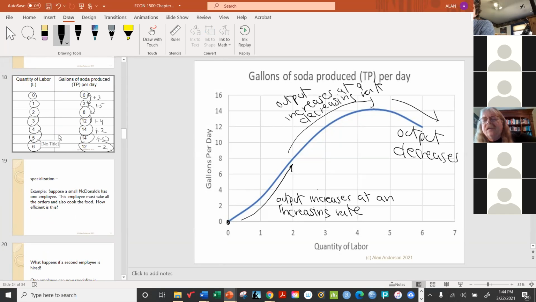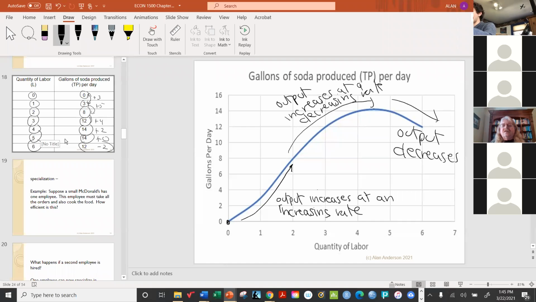And in fact, we're not going to hire the 5th worker unless they're working for free, because the 4th and 5th workers are actually producing the same output. So we'll have to choose the number of workers based on how much they're being paid and how much we can sell the soda for. But we can be sure that we're not going to hire more workers if the total gain in output is either 0 or negative. It just isn't going to happen.